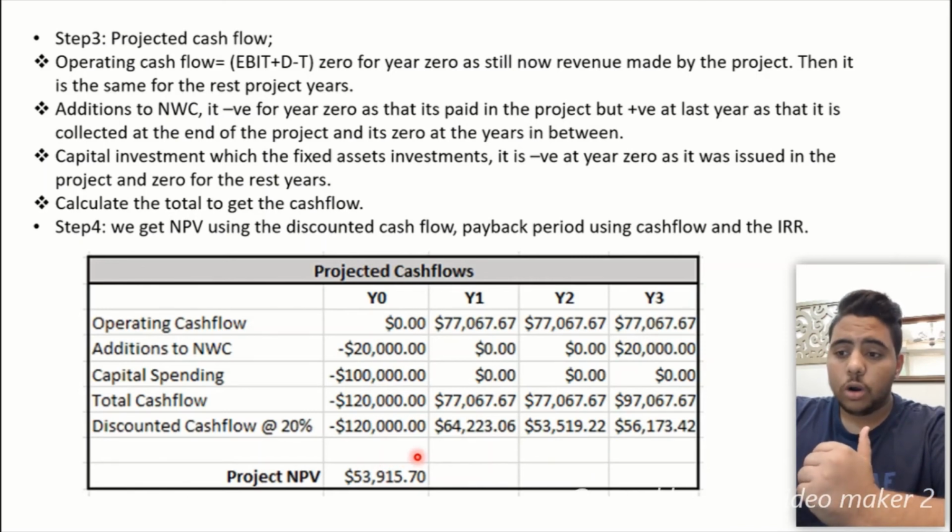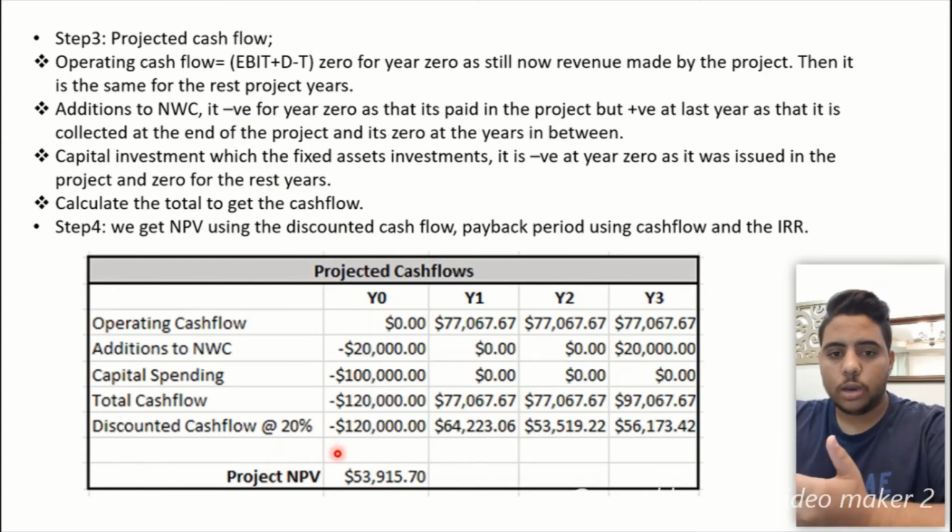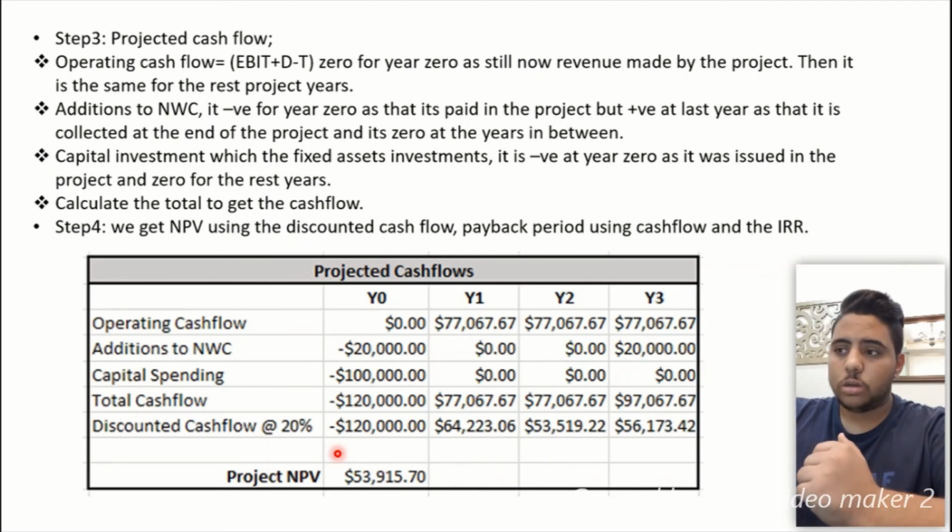To get the IRR, we will use a different rate, since the given rate was 20%. We can use a different one, maybe 30%, any different rate, so we can do the graph and find out the rate at which the net present value equals zero.